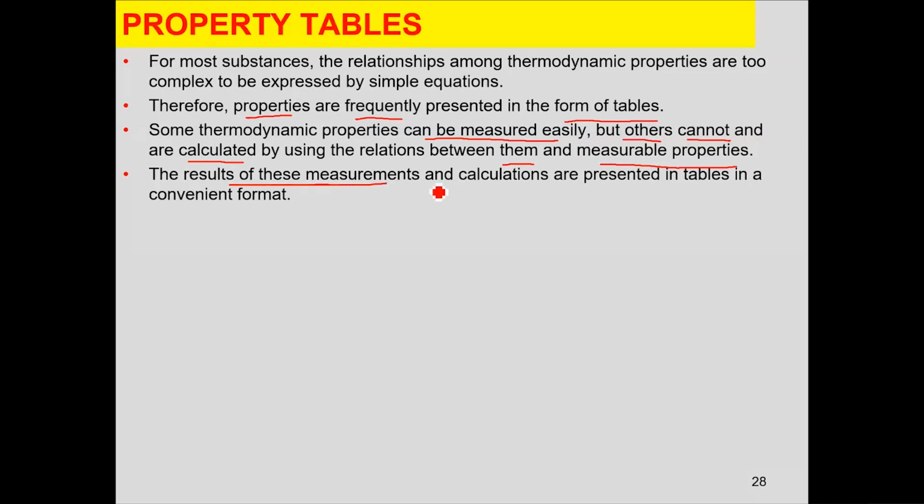The measurable properties as well as the calculations for the non-measurable properties are both presented in tables in a convenient format, so that you don't have to perform the experiment to measure the measurable properties, nor perform calculations using complex equations to calculate the non-measurable properties.